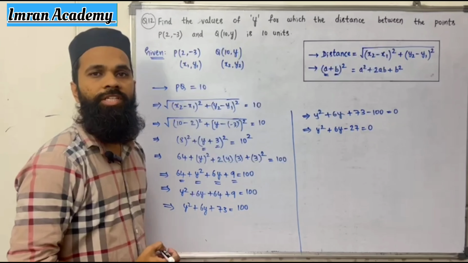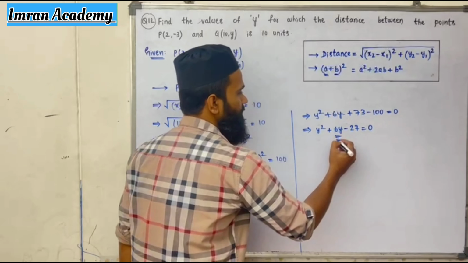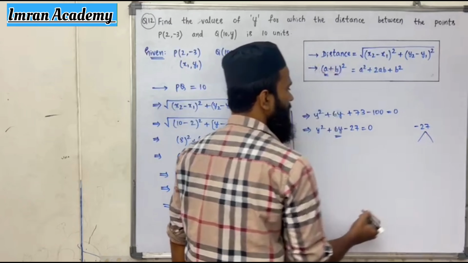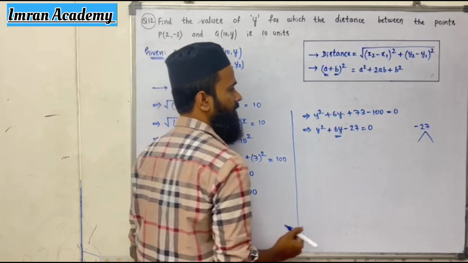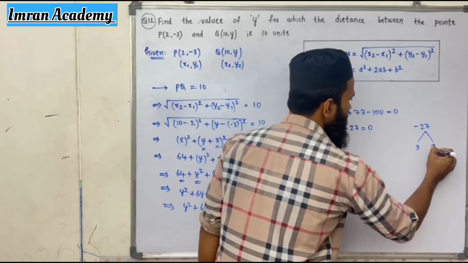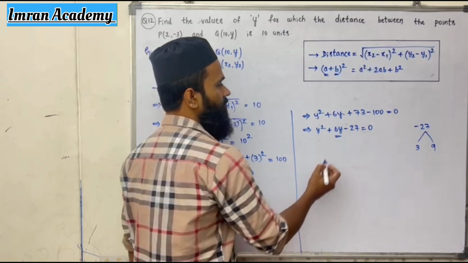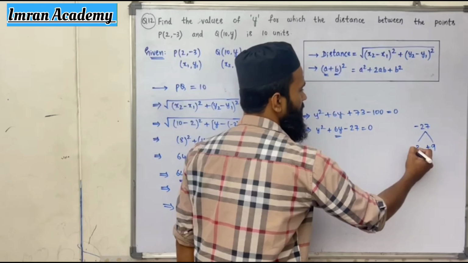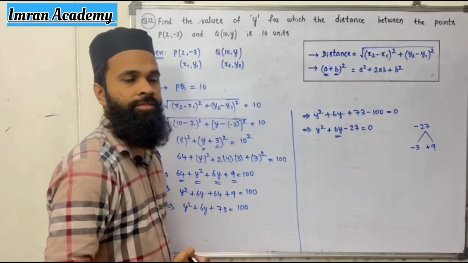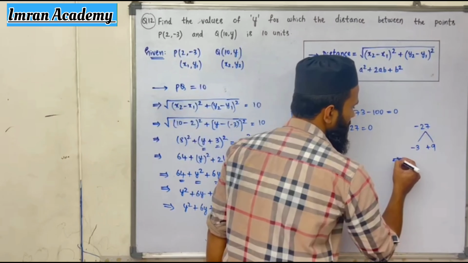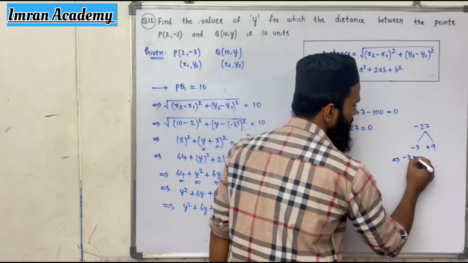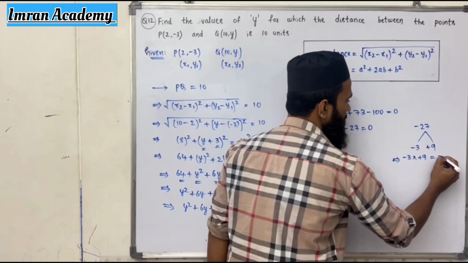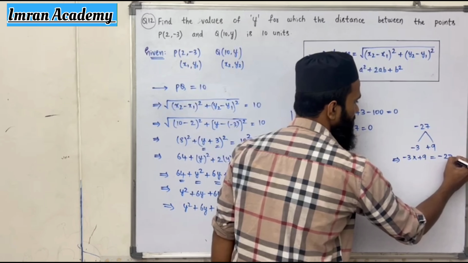Here we split the middle term. We take minus 27. We write minus 27 as 3 into 9 is 27. We want plus 6. That's why we write plus here and minus here. See here, when we multiply minus 3 into plus 9 is minus 27.